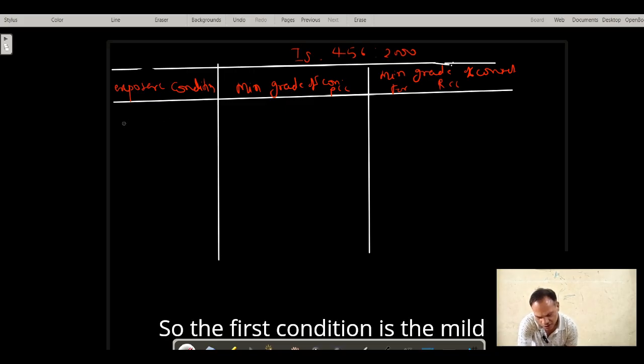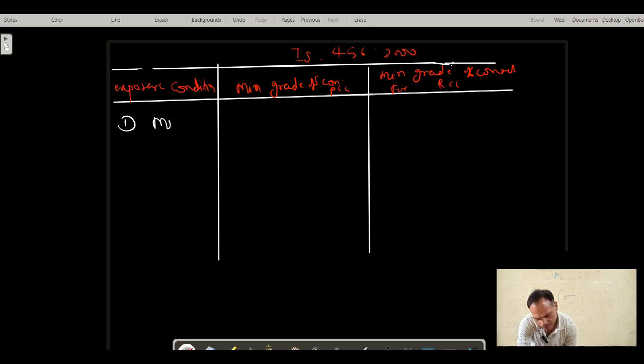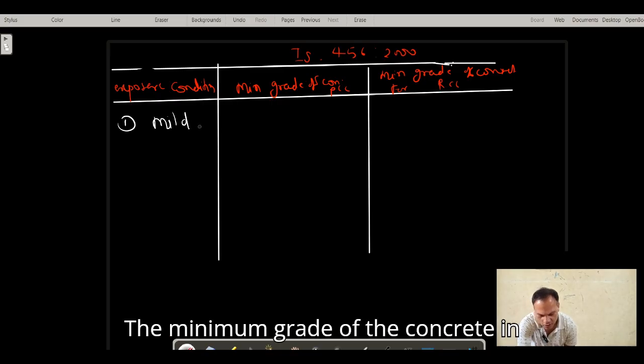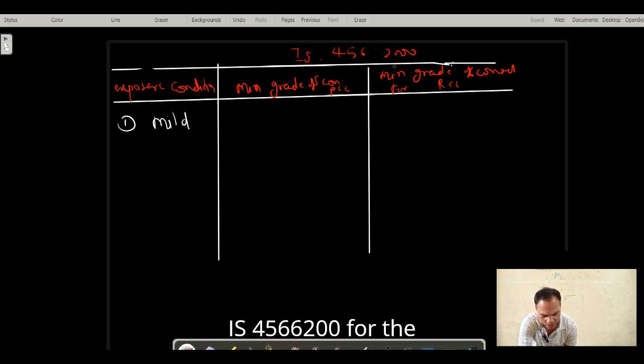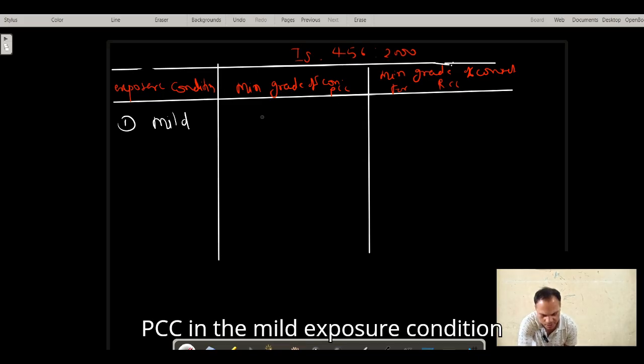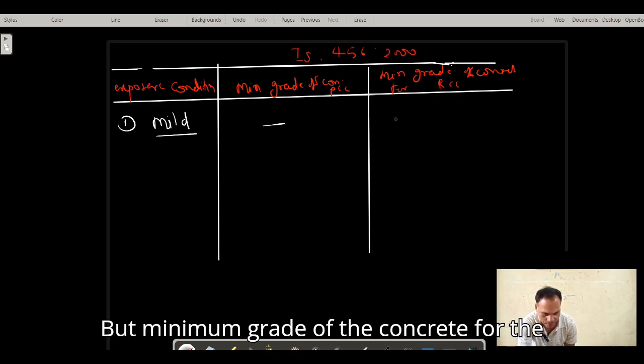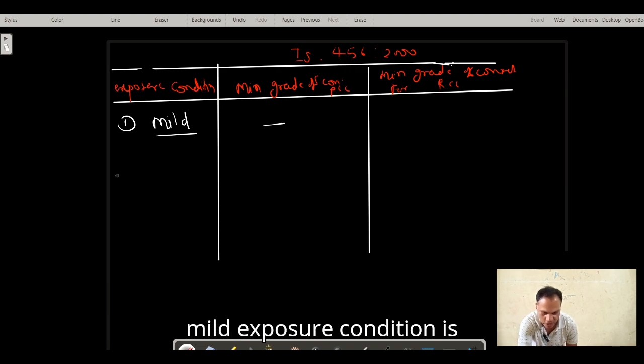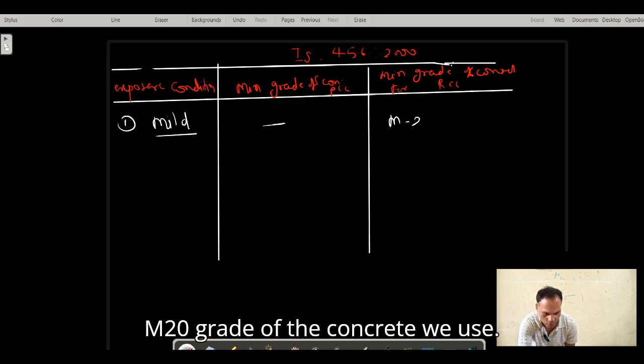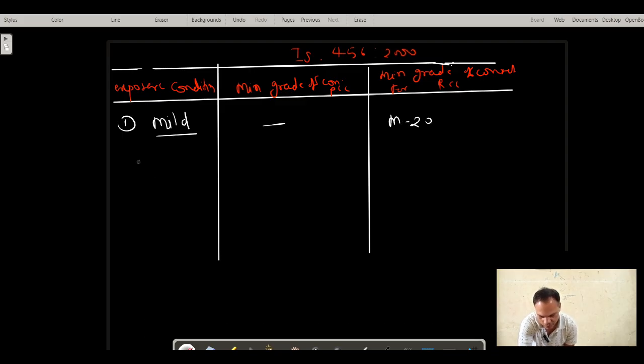So the first condition is the mild. The minimum grade of the concrete in IS 456:2000 for the PCC in the mild exposure condition is not mentioned. But the minimum grade of the concrete for the mild exposure condition is M20 grade of the concrete we use.